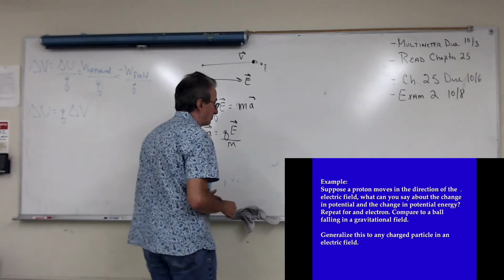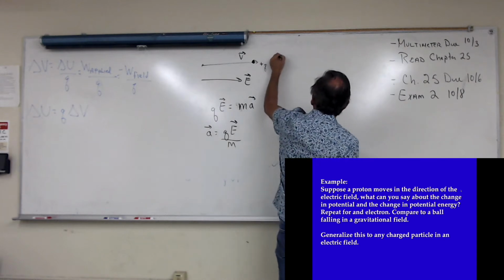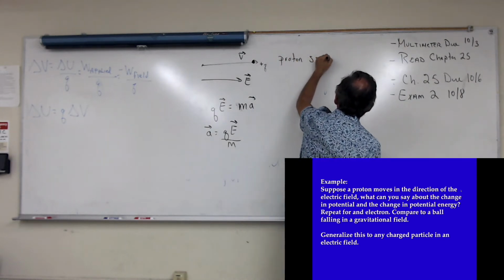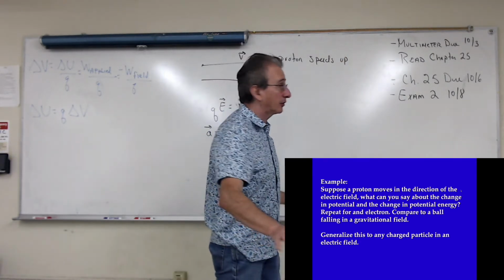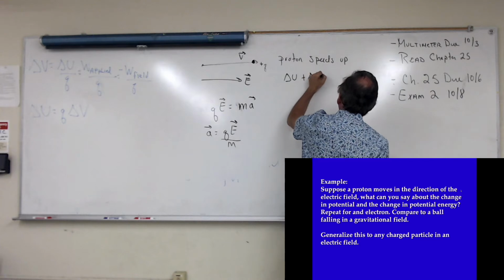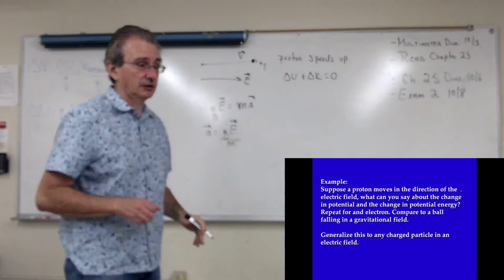What does that mean? We know the proton speeds up, and we know that delta U plus delta K equals 0 from conservation of energy.